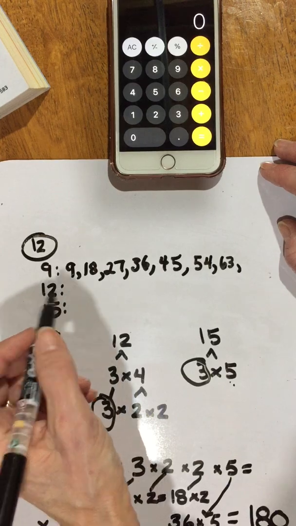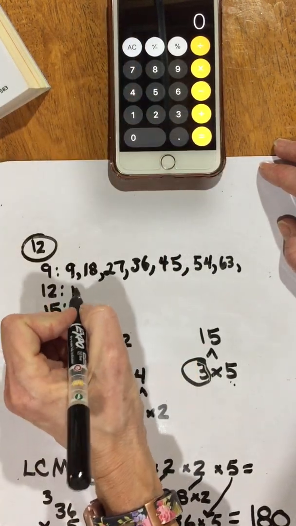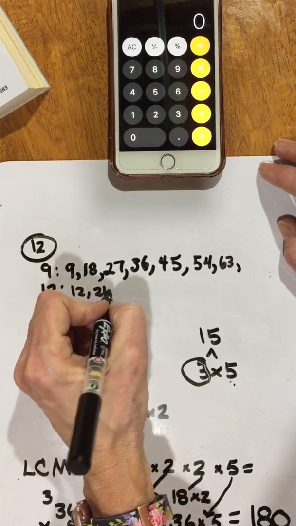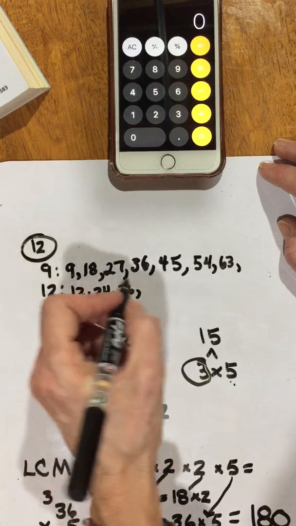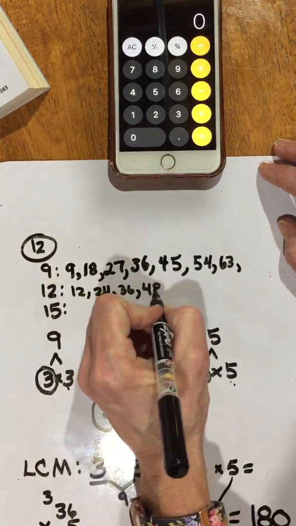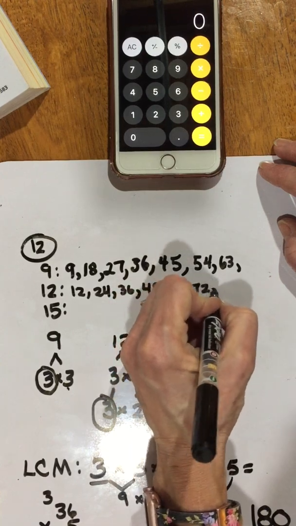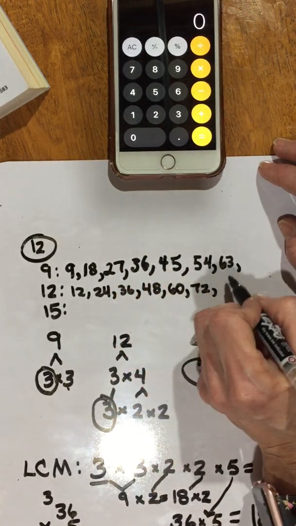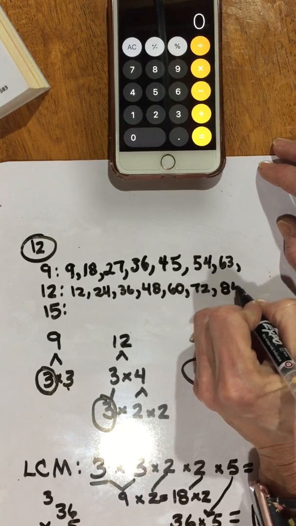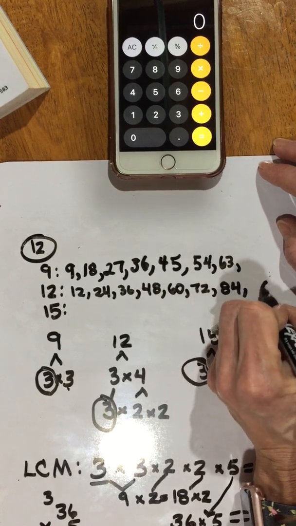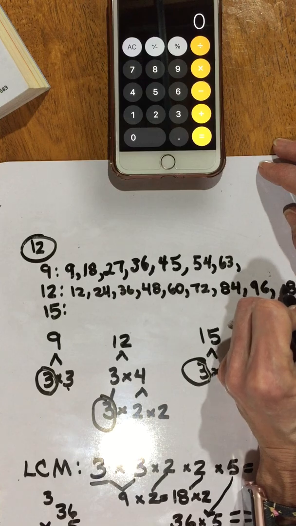Oh my. Let's list some of the 12s. 12, 24, 36. 12 times 4 is 48. 60, 72. 84, 96, 108.